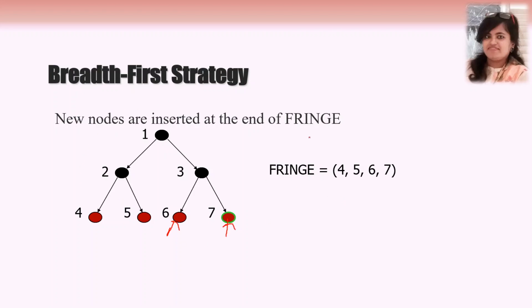And at any point of time during the searching of each node, if we find that a particular node is the goal node, then we are going to stop the searching. Otherwise, we will go on searching the tree in the breadth first way.